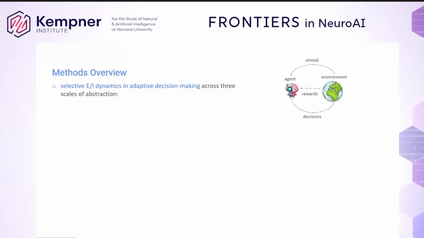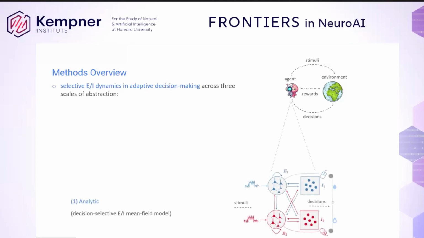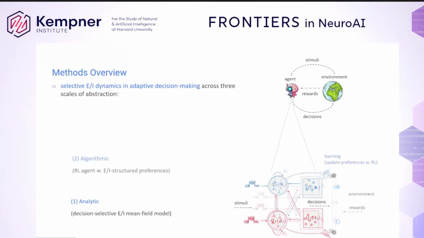We investigate selective EI dynamics in adaptive decision-making across three scales of abstraction. The first one is the analytic level, where we use a decision-selective mean field model to probe the functional roles of these two motifs and to isolate them.